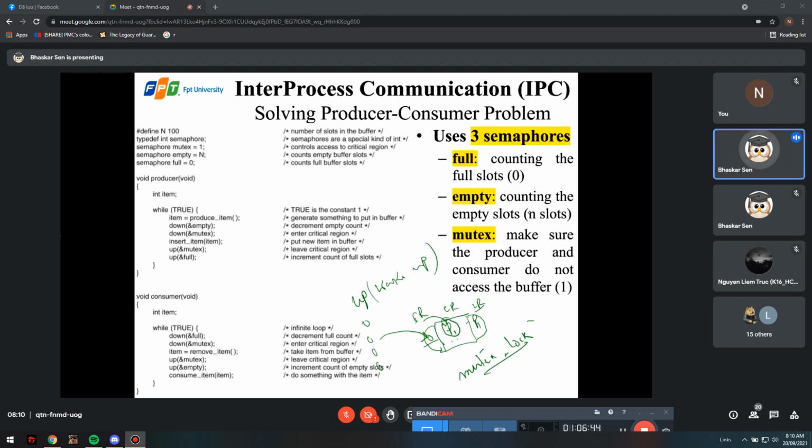As it goes to the leave region, it gives a down. That means a sleep call. And sleep call to whom? Sleep call basically means asking the kernel to block itself.